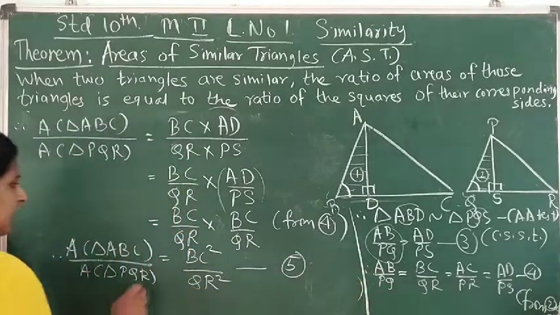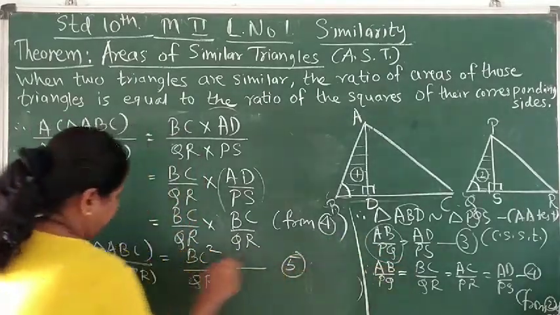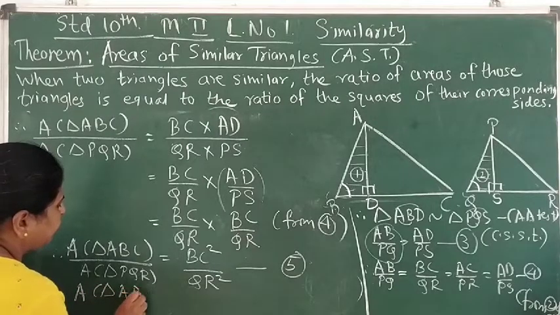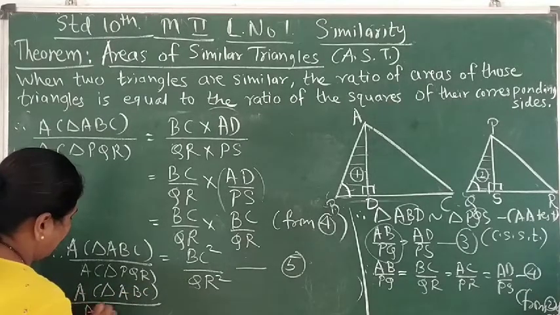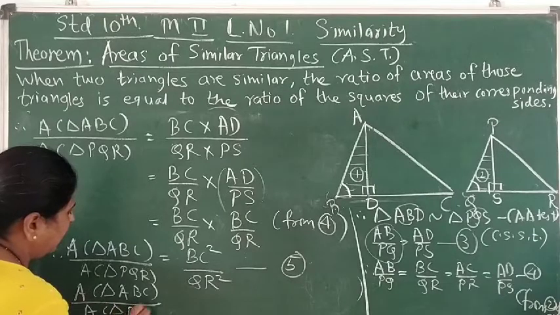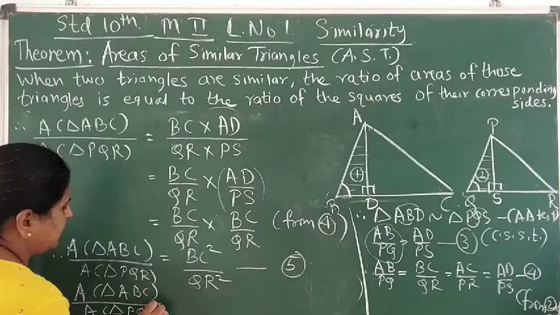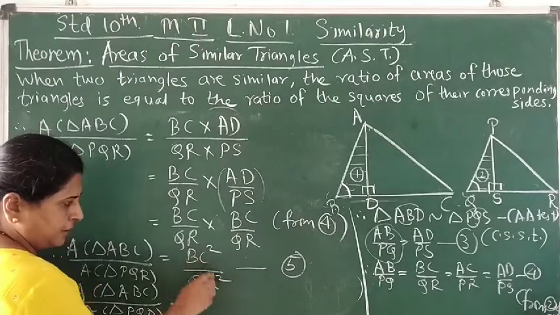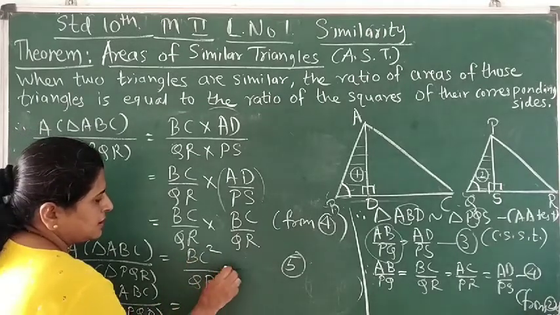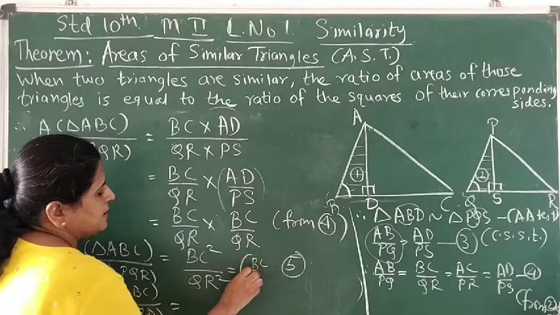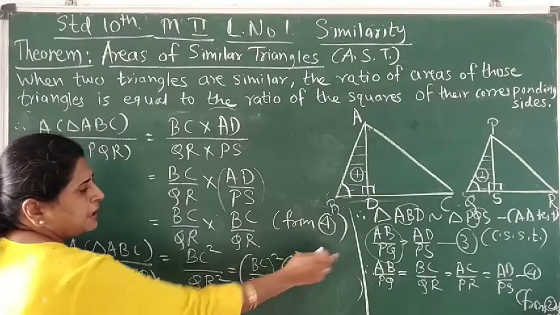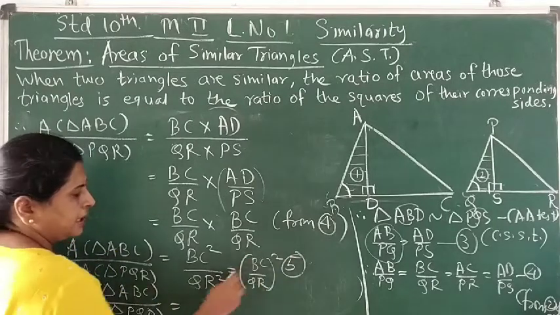So we can say from 4 and 5 that area of triangle ABC upon area of triangle PQR is equal to BC square upon QR square, and we can say it is BC upon QR the whole square, correct? So BC upon QR can be replaced by AB upon PQ and we can take its square.